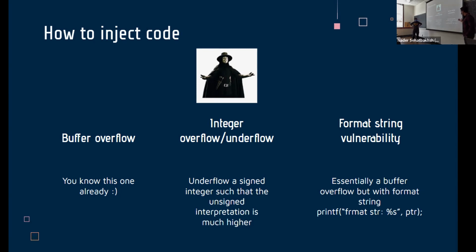And the third thing is format string vulnerability, which is basically like a buffer overflow, but with a string instead of injecting a number, wherein the string you give as an input can execute some command and thereby gain control of the system, which compromises security.